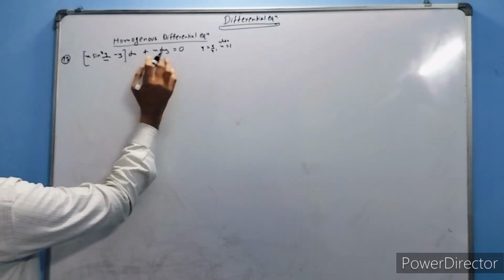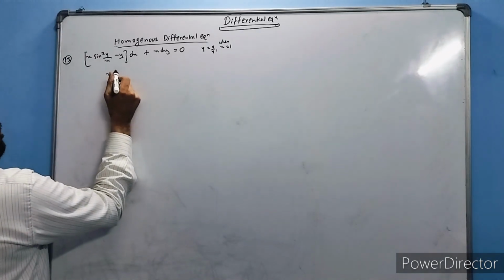We take x dy on one side, which is equal to minus of x sine square (y upon x) minus y, dx. Now dy upon dx will be minus of x sine square (y upon x) minus y, upon x.